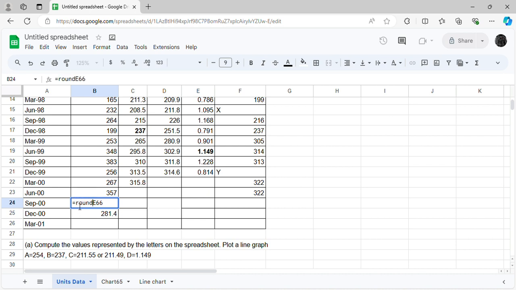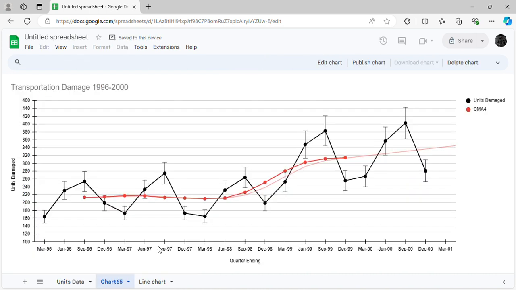Round this, comma, we don't need to put any decimal places for rounding to a whole number. Okay, so it's 403 and 281 should be automatically added.